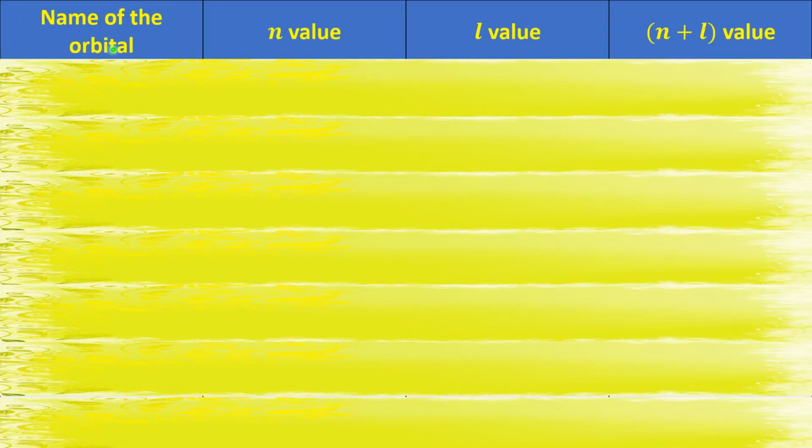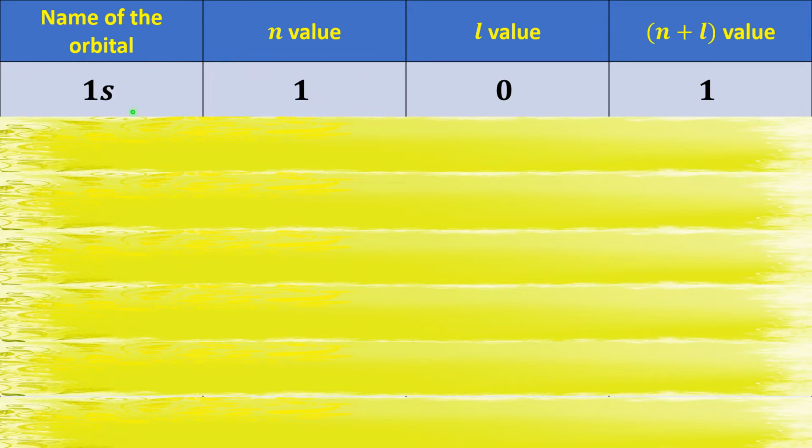Now I am going to calculate N plus L values of some orbitals. Name of the orbital, its N value, its L value and N plus L value. See here, 1s orbital. The N value of 1s orbital is 1.